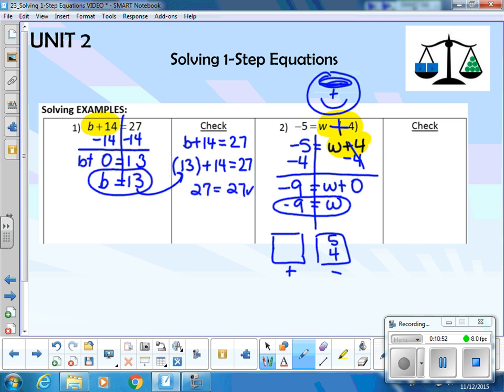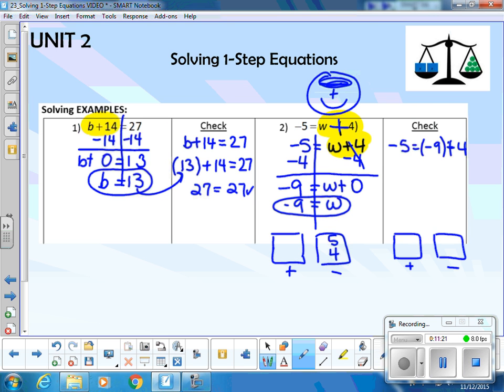And I can plug it back in by rewriting my equation. Negative 5, and I'm going to rewrite it without the double negative since I know I have to do that anyway. So instead of w, I'm going to replace that with a negative 9. So now, let's use my battle boxes again.